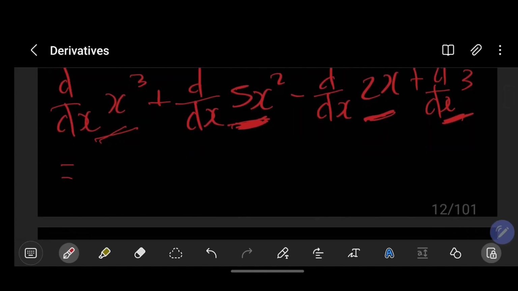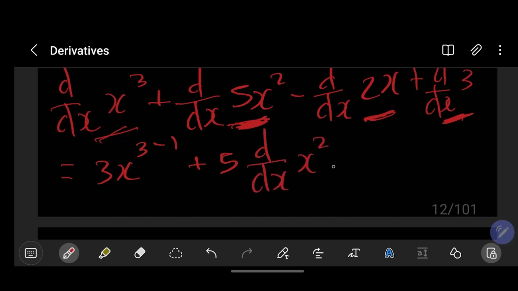So this is basically now equal to 3x to the 3 minus 1 plus, we pull out 5, and then we need to find d dx of x squared minus, we pull out the 2, and now we need to find d dx of x.